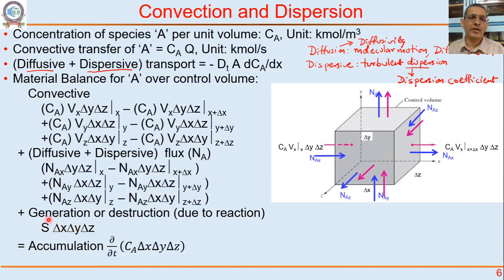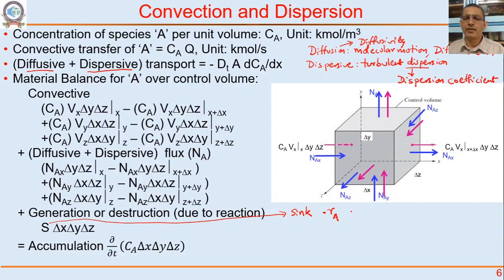The rate at which A is generated or A reacts per unit volume multiplied by the volume of the control volume. So what this S means, it is either sink or source. If it's a reactant, it is a sink, and it is a rate at which A reacts. It is negative, negative kC_A.